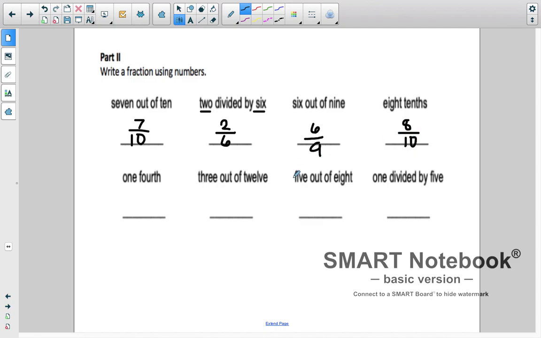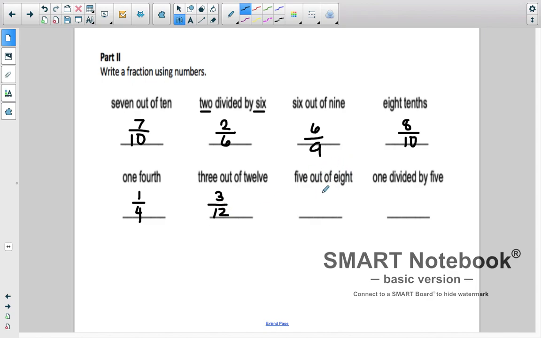All right, let's try this one. 1/4. What will that look like? Just like that. Again, this is very similar to 7/10 and 6/9. 3 out of, don't get tricked up by that out of number. 3 out of how many? 12.